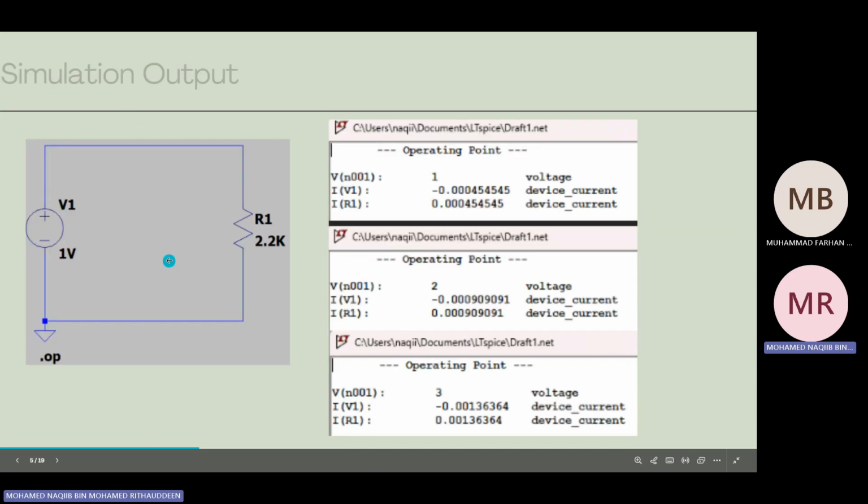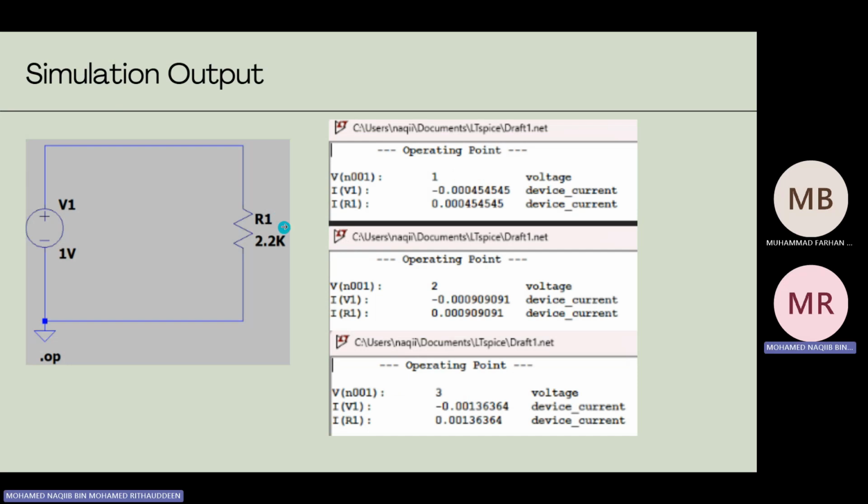For the second circuit, we increase the resistance. When we increase the resistance, the current should be lower because current and resistance are inversely proportional. We can see here, same method.